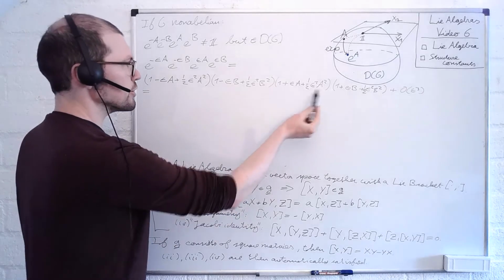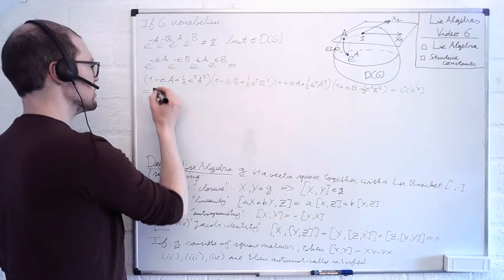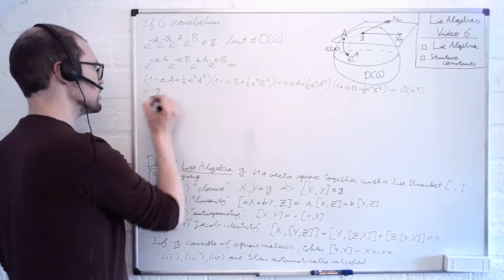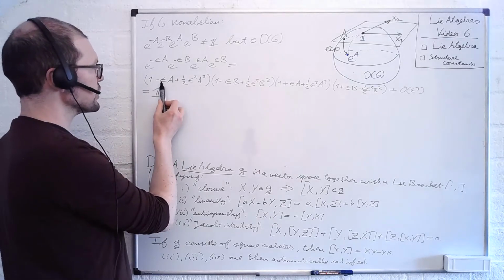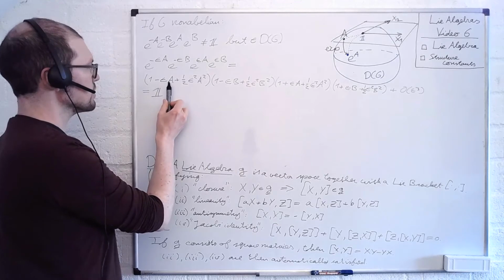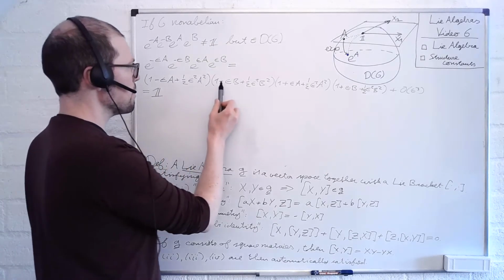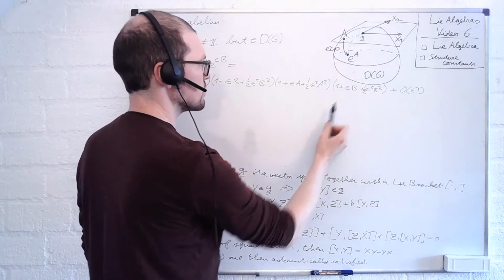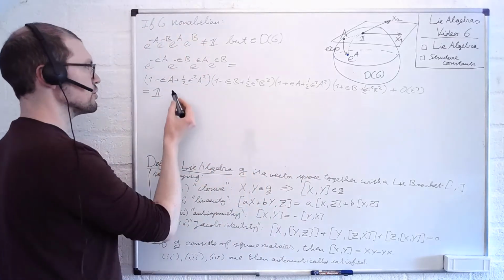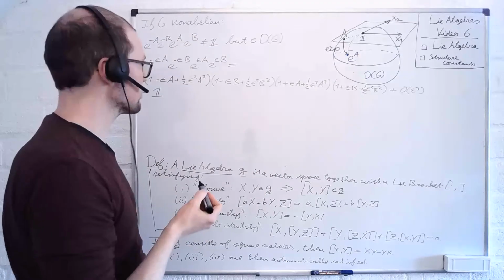So at 0th order in epsilon, I just have the identity matrices, so I get the identity matrix. At first order in epsilon, I get minus a, minus b, plus a, plus b. So that vanishes, so there is no first order term in epsilon.